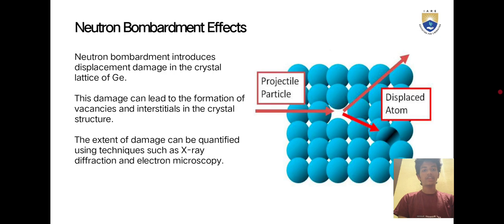Vacancies mean the empty spaces in the crystal structure of germanium, and the extent of damage can be quantified using techniques such as X-ray diffraction and electron microscopy. In this figure, we can see the projectile particle and displaced atom.